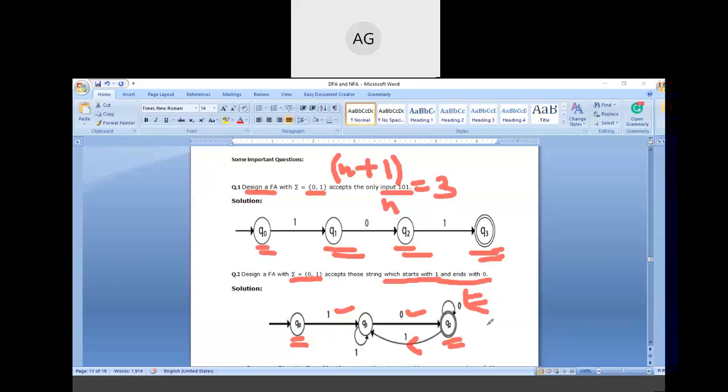Just write in the chat box. Here the condition is given that our string starts with 1 and it ends with 0.